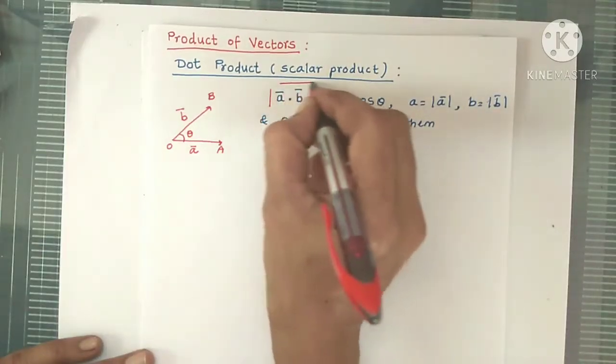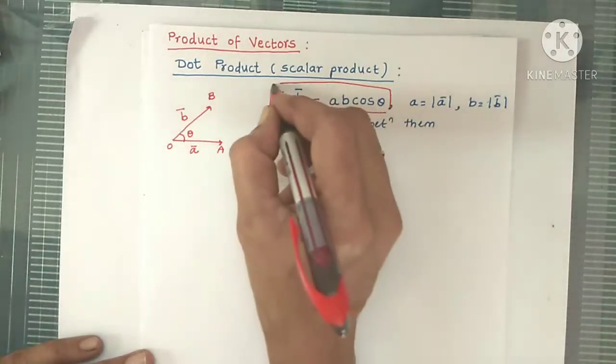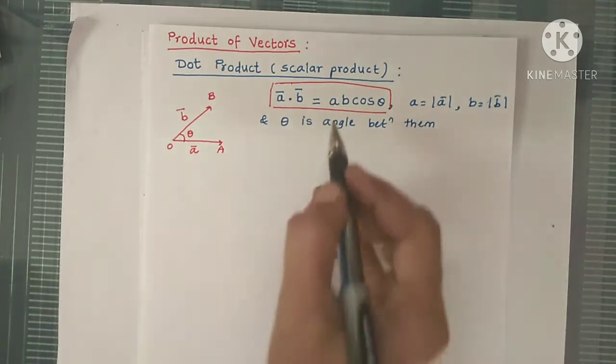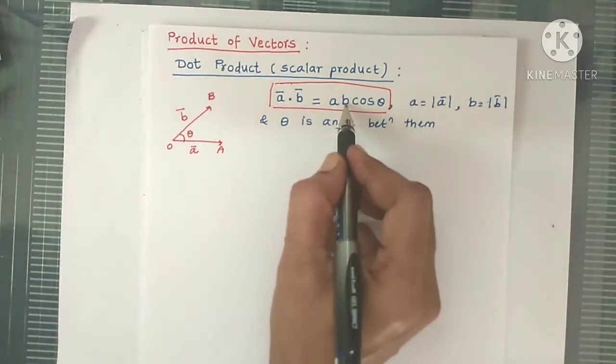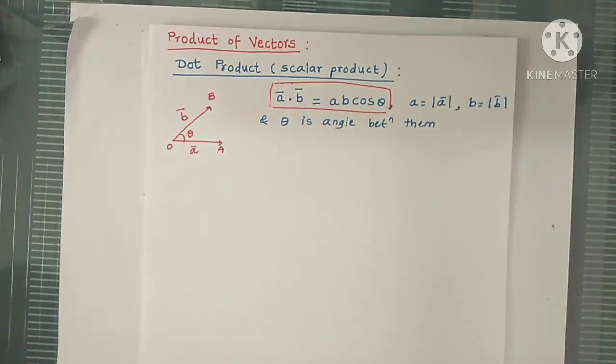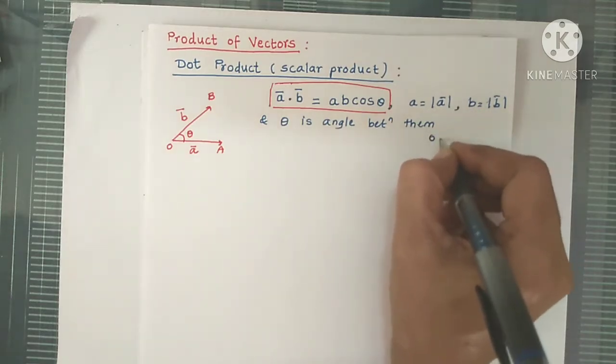It's really very important to learn the definitions. So first of all, let's see what it is. A means modulus of a bar, b means modulus of b bar, and cosine of angle between them. Now as theta is the angle between two vectors, theta is the angle between two lines as well.